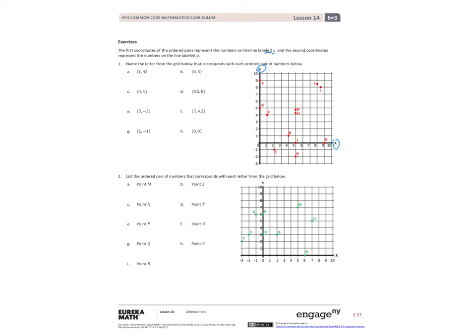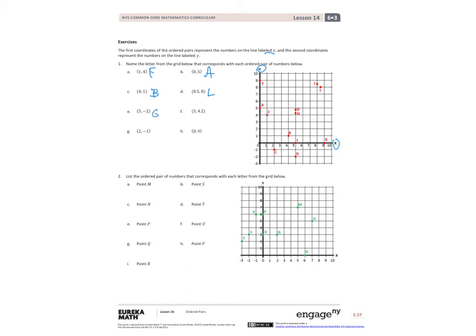So if I go over 1, up 4, I end up at F. If I go 0, I don't move, and I go up to 5, I'm at A. And then if I go over to 4, up 1, I'm at B. D happens to be at 8.5, and then I go up to 8, I end up at L. And over 5, down, I'm going to go down -2.